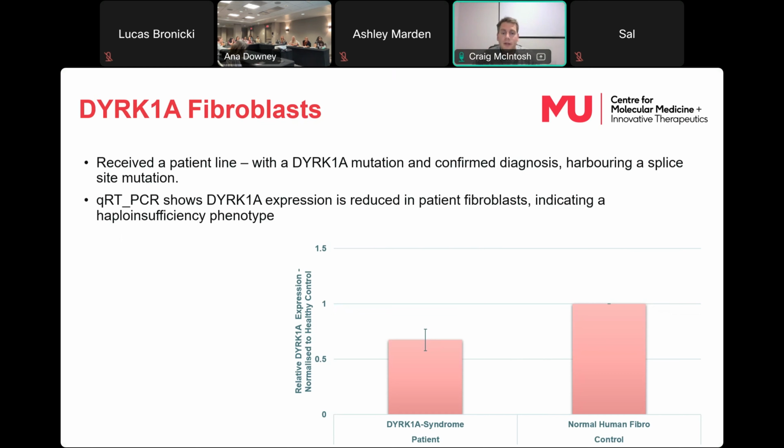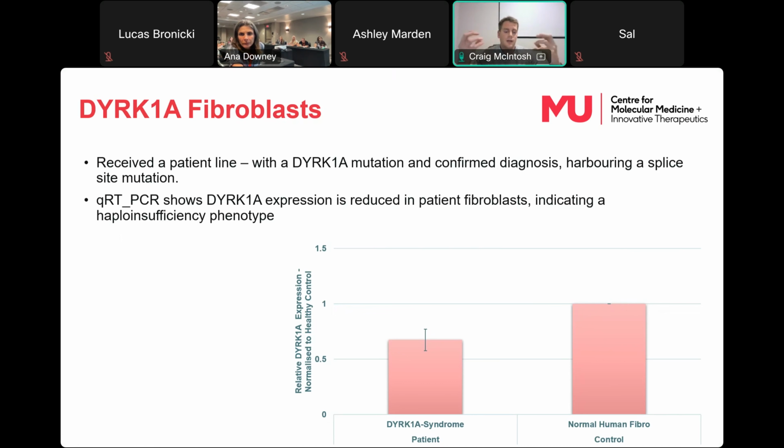So from this, what I just wanted everybody to take away is this is an average of an unaffected individual or individuals, and the DYRK1A patient, you can see we normalized it. So if this is one-fold gene expression, that's how much, if someone has two functioning copies of the gene, they'll express.